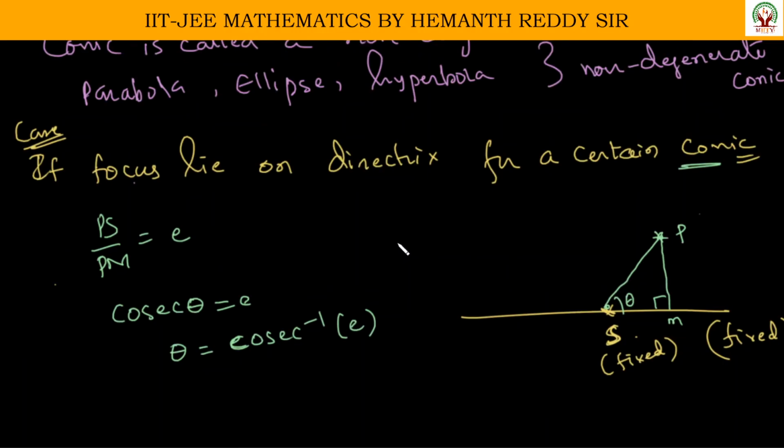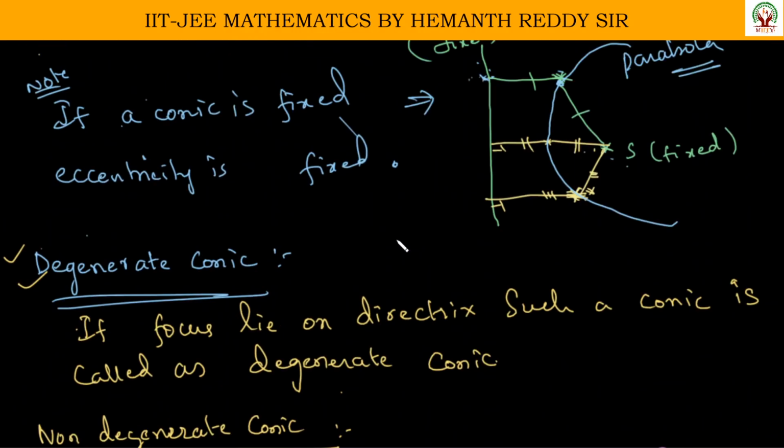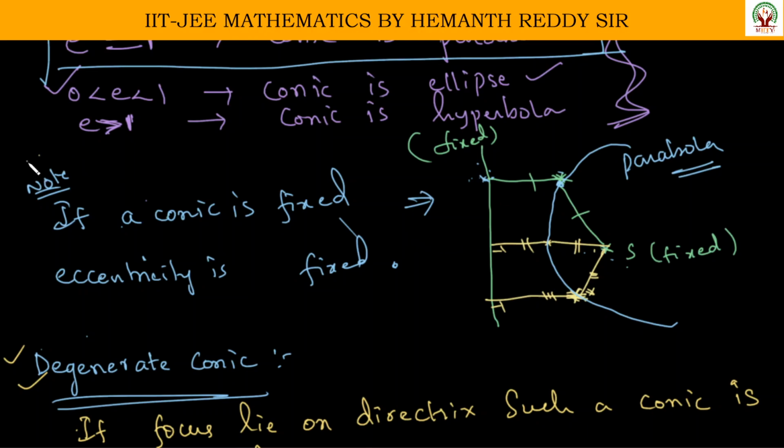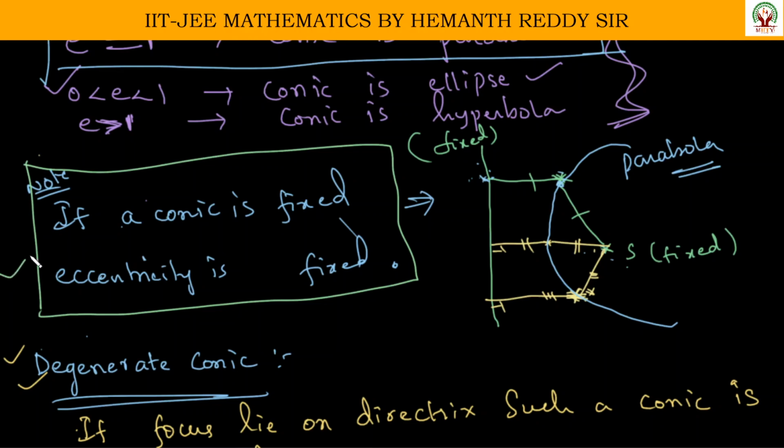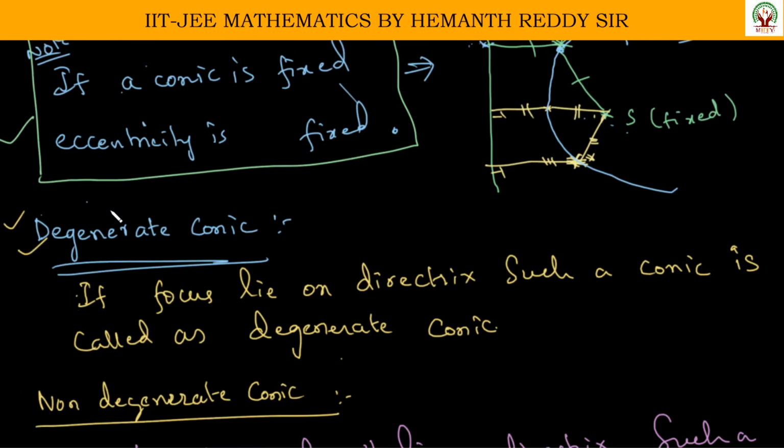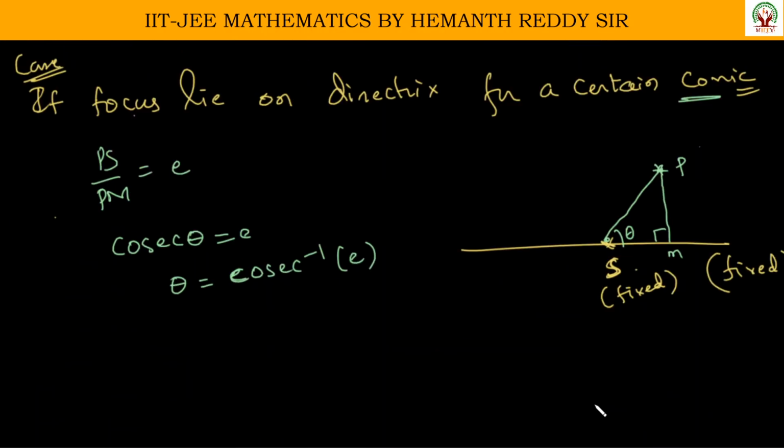అంటే సింపుల్గా ఇప్పుడు చూస్తే ఆల్రెడీ ఐ టోల్డ్ యూ దిస్ థింగ్. If a conic is fixed, obviously the eccentricity will be fixed in such a case. So now what you got is theta equals cosecant inverse of E. If E is constant, this becomes a constant. So it means that theta is an angle which is constant.